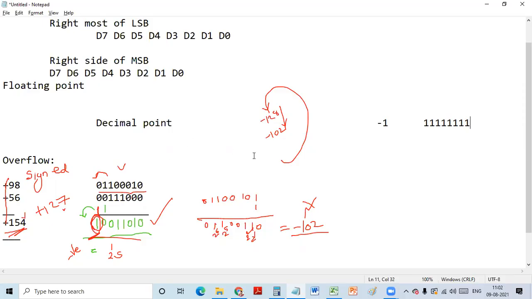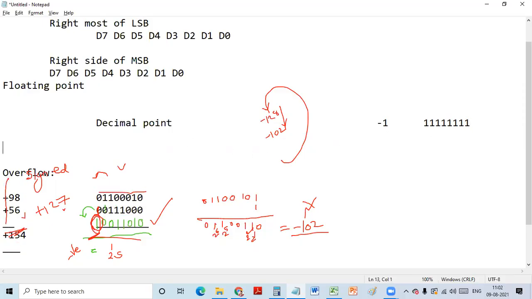And the next number, let us consider minus 128. Okay, this is the least number that we can represent. One is -1 and the other is -128. So what is -128? It is 1 followed by 7 zeros.